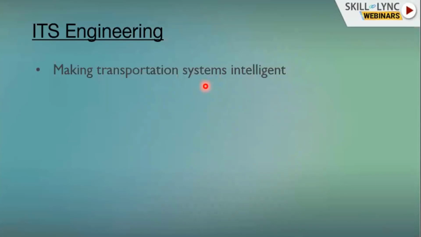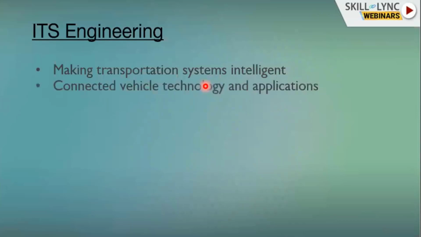It could be your roads, your runway, taxiway, your metros, your bridges and whatnot. That is what makes it intelligent: connected vehicle technology and its application. Basically, the vehicle gets connected to the adjoining infrastructure, where it is able to understand and gauge and get that data, so that it can make those decisions.